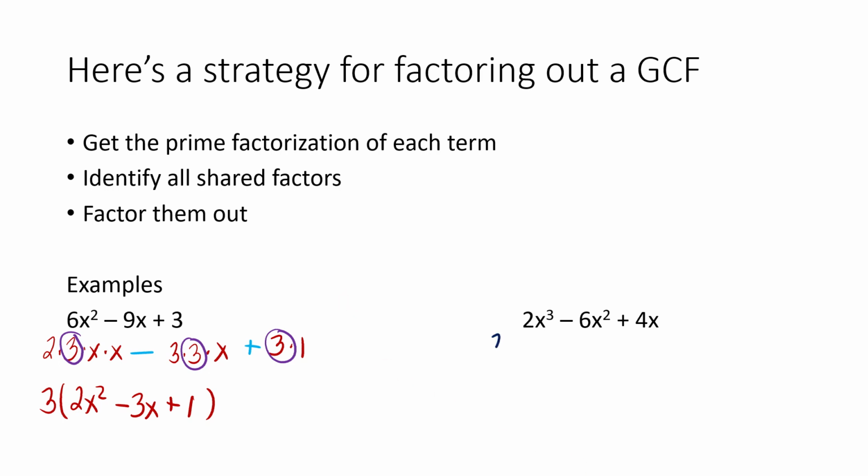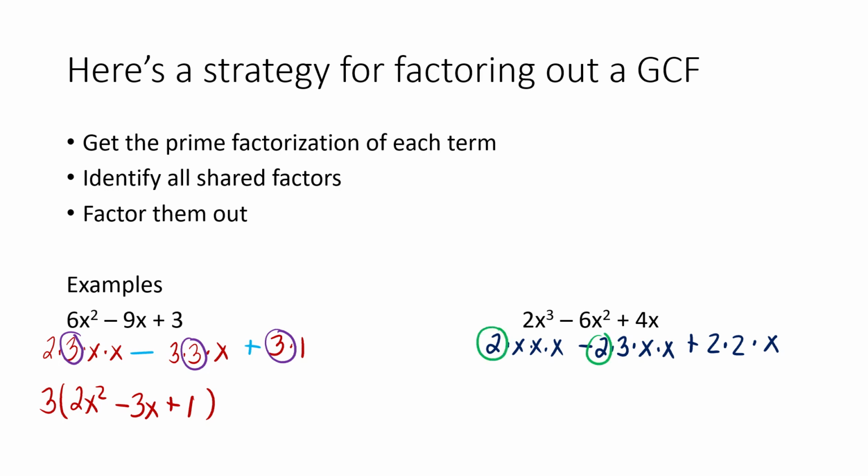So here we have 2 times x to the third, so x times x times x. Minus the 6 breaks into 2 times 3, and then we have x times x for the x squared, and then 4 breaks into 2 times 2, and then we have an x. And now we're going to look through at each of these and see what they have in common. First thing I noticed is that they all share a 2.